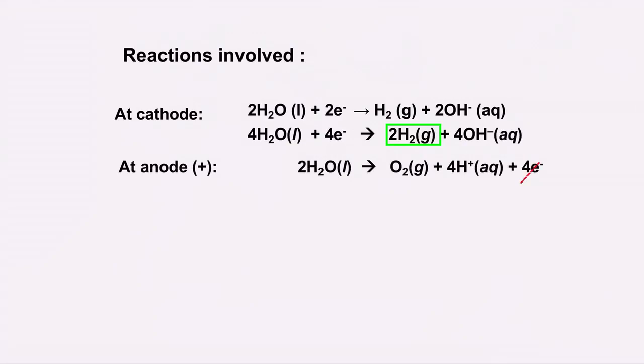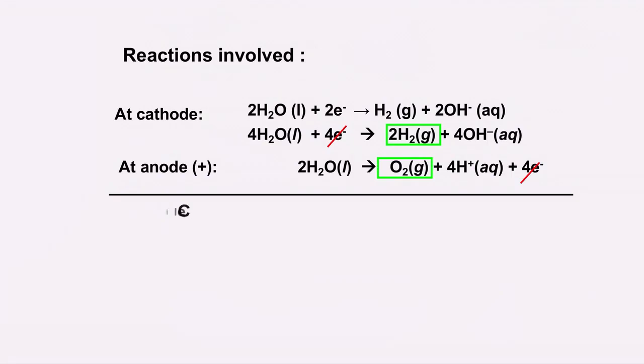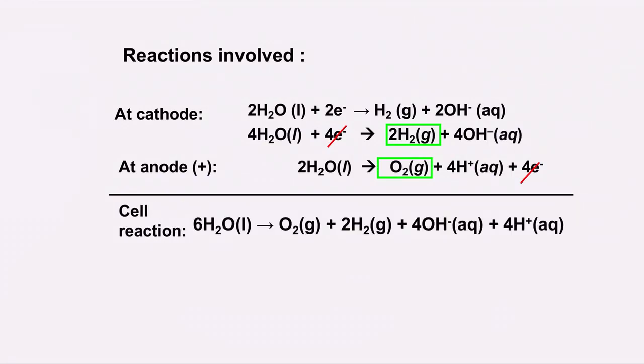Now that we've picked our ions to be discharged, you are going to do your cell reaction. From that cell reaction, you can see that you have 4 moles of hydroxide ion and 4 moles of H plus. That is actually your 4 moles of water formed.